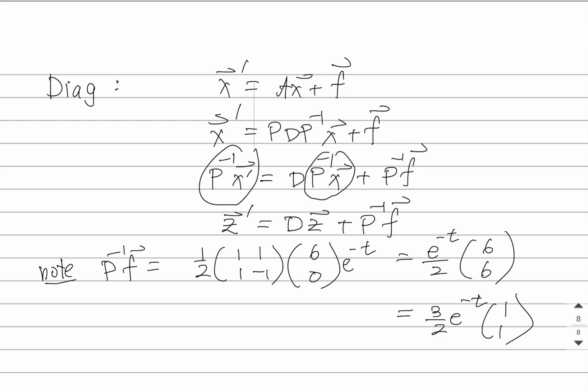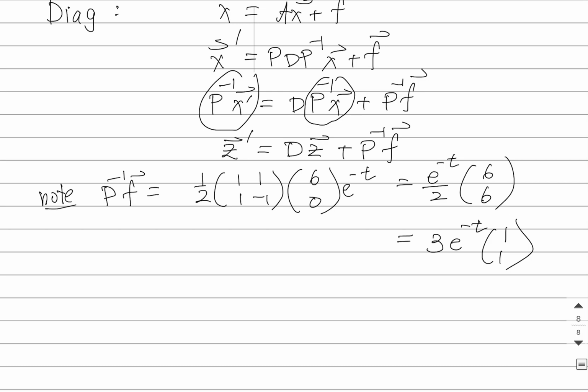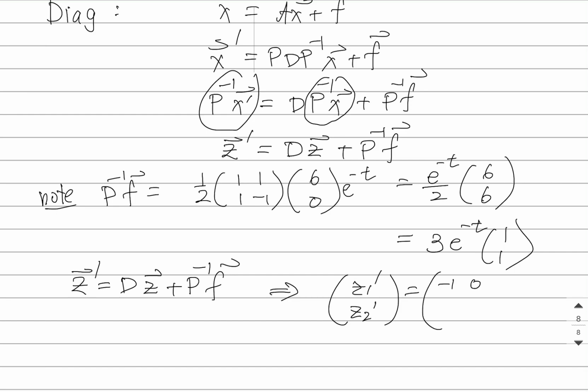Or sorry, not 3 halves, just a 3. This is the new right-hand side of our diagonalized system. So that means z prime equals Dz plus P inverse f gives us the following. z1 prime, z2 prime is equal to negative 1, 0, 0, negative 3, z1, z2, plus this guy right here.